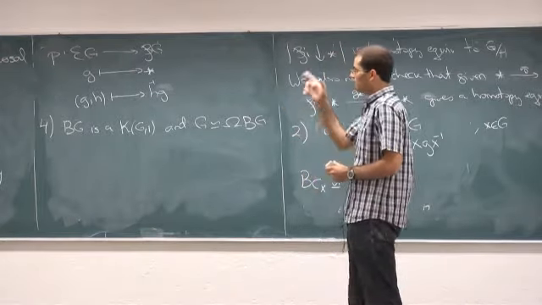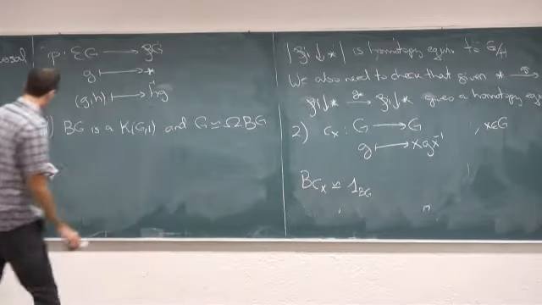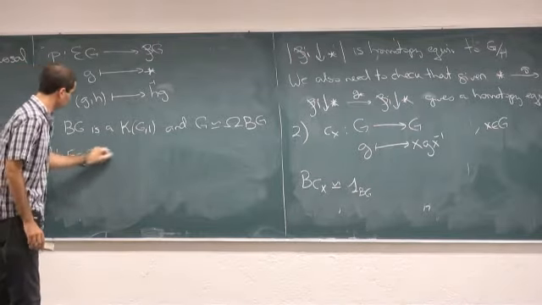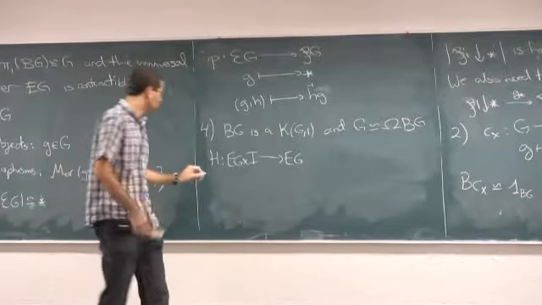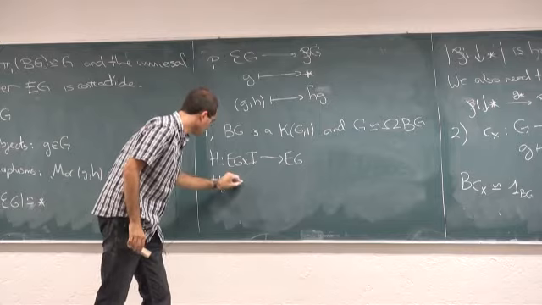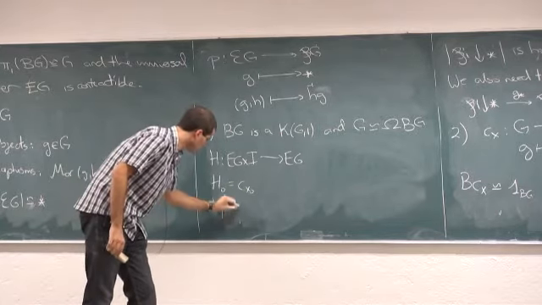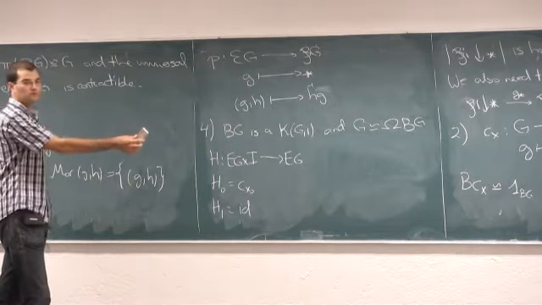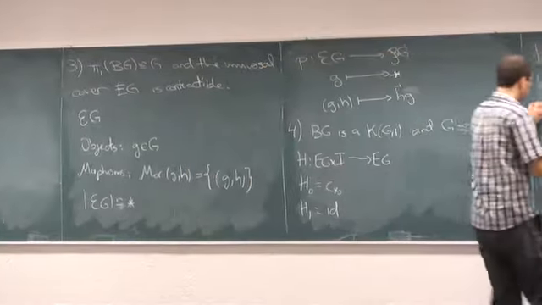We know that the universal cover is contractible. So there is a homotopy from the identity to a constant, where H0 is a constant and H1 is the identity. Let's compose this homotopy with the projection from EG to BG on the covering space.